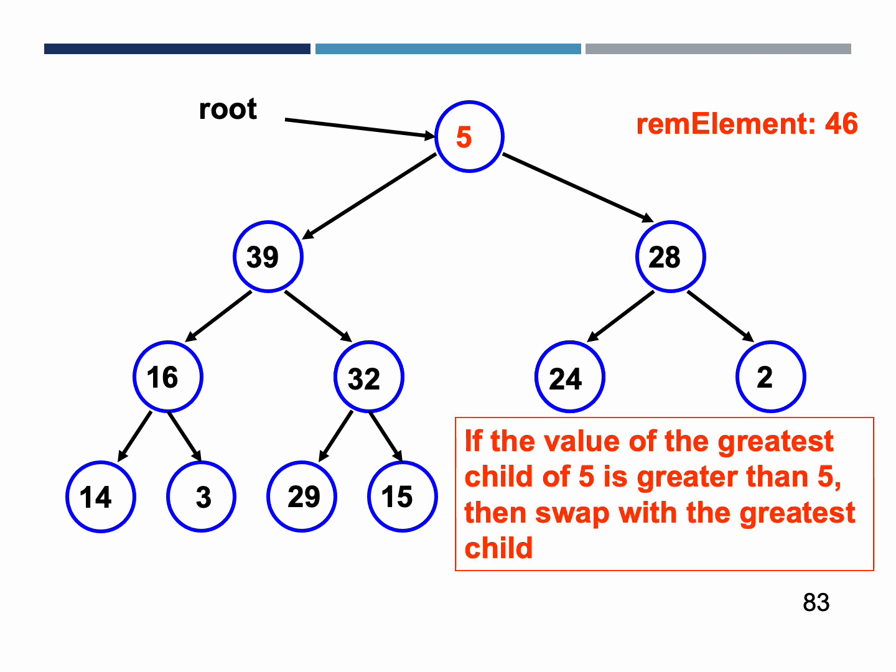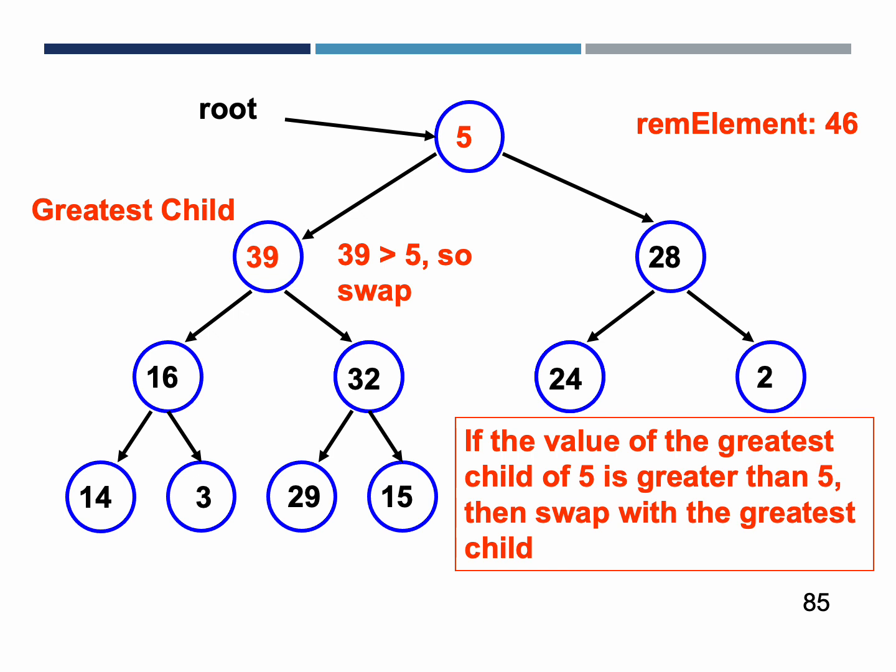And then if the value of the greatest child of 5 is greater than 5, then swap with the greatest child. You'll see the greatest child is 39, so 39 will be swapped with 5. 39 is greater than 5, so we'll swap. The theory is that if the root is smaller than its children, then it will swap.